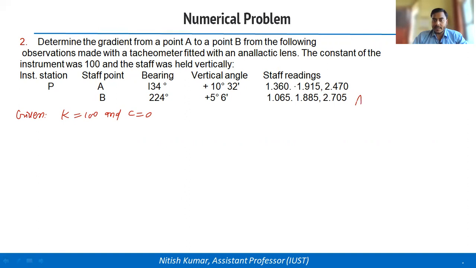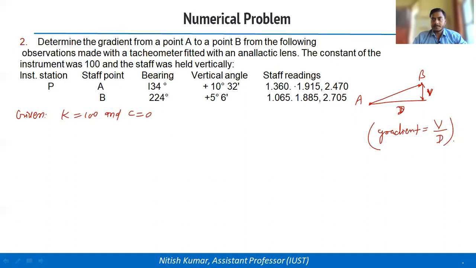Suppose this point is A and this point is B. Gradient is the ratio between the vertical and horizontal distance. Suppose this is D and this is V. So gradient means V by D.